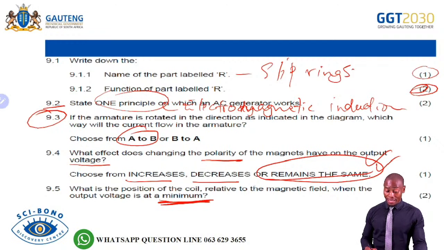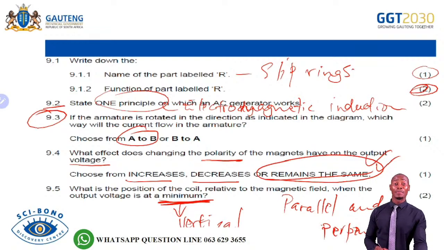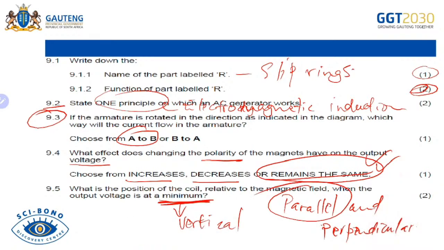If we were to choose between horizontal and vertical, then this was going to be vertical. If we were to choose between parallel and perpendicular, here we are going to choose parallel.